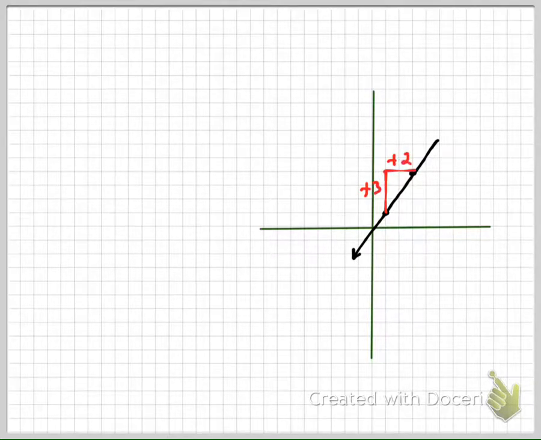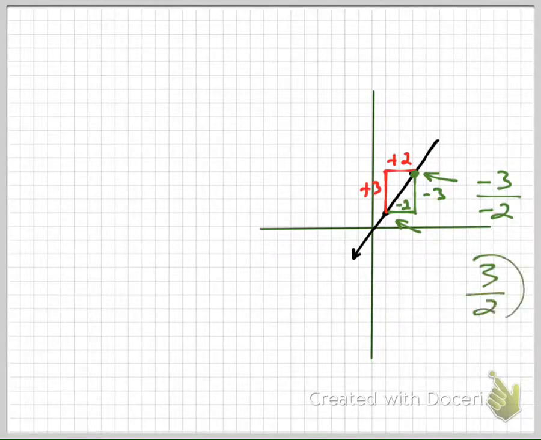What if I wanted to go from here to here? Well, I went down 3, and I went to the left 2. What's to the left 2? Minus 2. What is negative 3 over negative 2? A negative over a negative is a positive, which is still 3 over 2. It doesn't matter which one you start at. Your slope is the same.